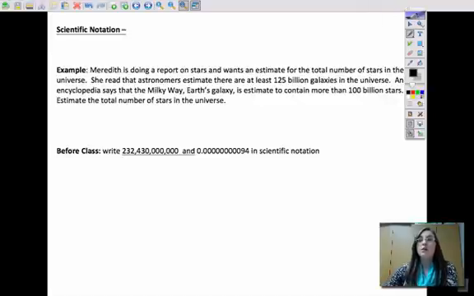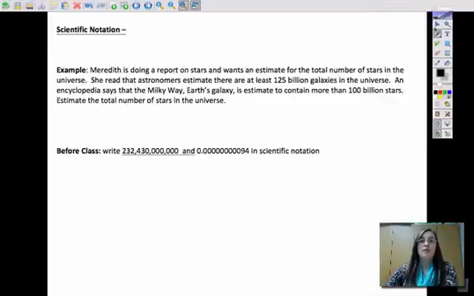All right, so my definition of scientific notation, obviously you already know from my introduction that this is a way to write really small numbers or really big numbers. It has two parts. Scientific notation is written as a product of two things, and I'm going to define those two things.